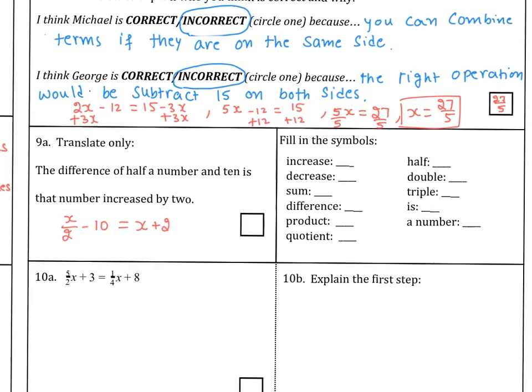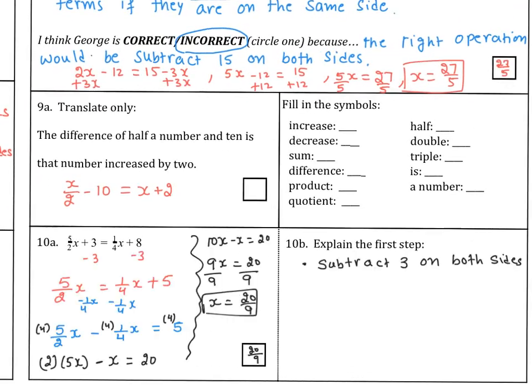So let's do number 10 on the bottom here. Number 10a. 5 over 2 x plus 3 equals 1 over 4 x plus 8. For the first step, I'm going to subtract 3 on both sides. 5 over 2 x equals 1 over 4 x plus 8 minus 3, which would be 5. Now you're going to subtract this 1 over 4 x from both sides. And 5 over 2 x minus 1 over 4 x equals 5. Now we are going to clear the fraction.